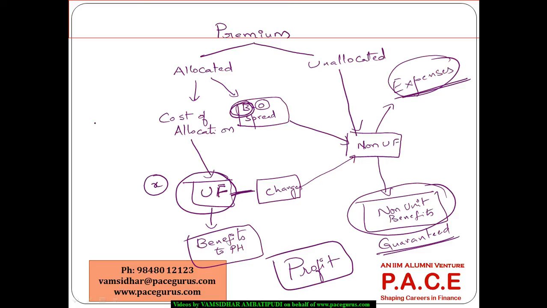From the external perspective, or from a typical policyholder's perspective, the unit fund is what the policyholder sees. How the unit fund is growing is the only thing communicated to the policyholder. The non-unit portion is purely an activity going on inside the insurance company, so non-unit related data is not revealed to the typical policyholder.